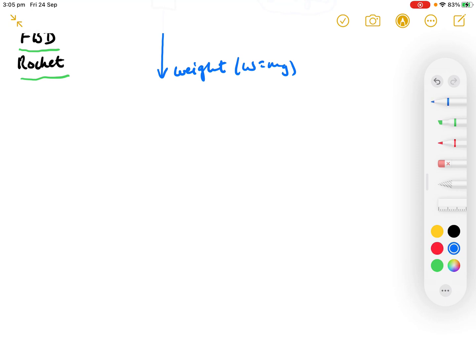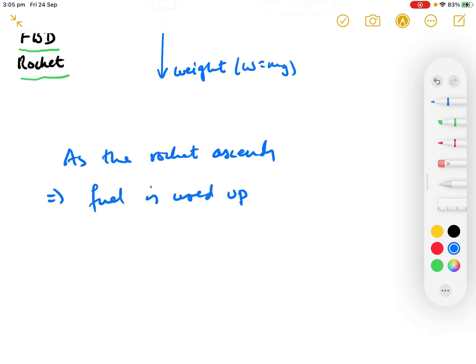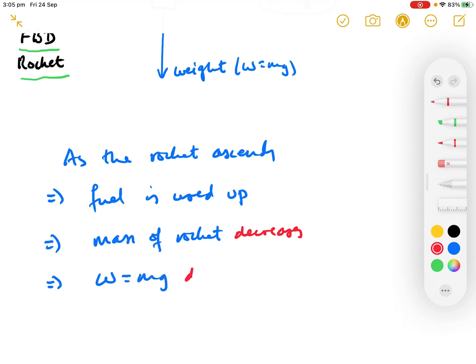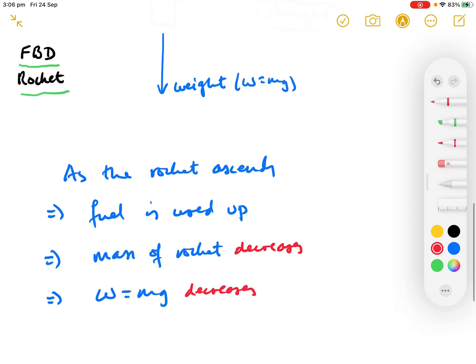So the key point I'm trying to make here then is that as the rocket ascends, fuel is used up. That causes mass of rocket to decrease, which means weight of rocket mg decreases.